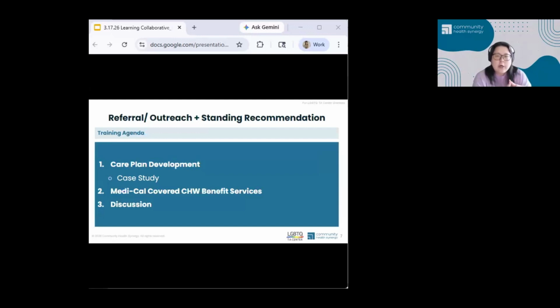To start, I'll walk you through the ongoing case study that we used from the last session to help exemplify how care plan development could apply to a hypothetical client you might encounter. And then we'll walk through those 4 billable CHW services, so you can crosswalk how your existing services align with what's billable through the CHW benefit.